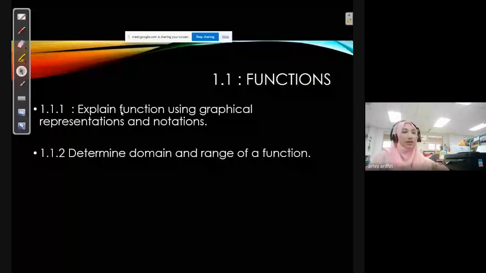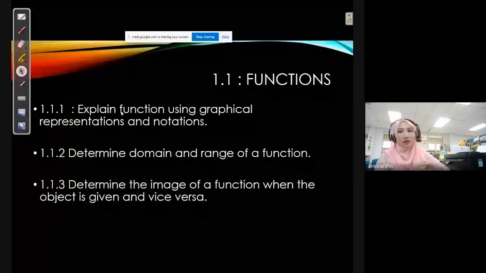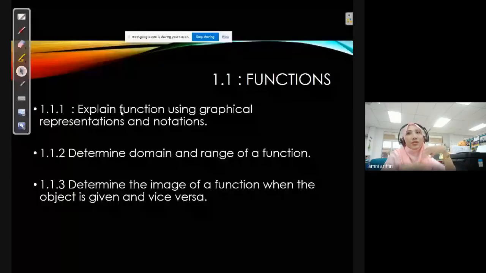And then the third one is determine the image of a function when the object is given and vice versa. Maksudnya dalam function ni kamu kena faham apa itu object, what is object and what is image. Dia ada object, image, domain, codomain and range. Itu 5 benda yang kamu kena faham maksud dan kamu dapat represent dalam bentuk ayat matematik.